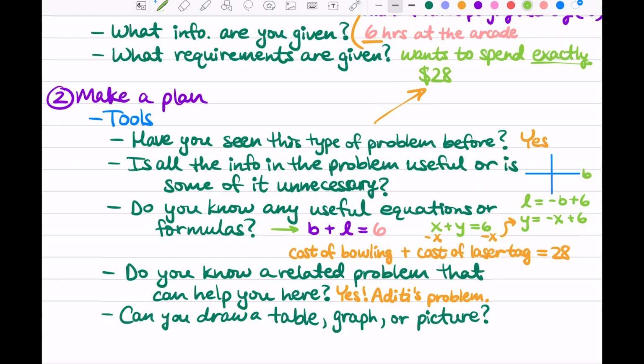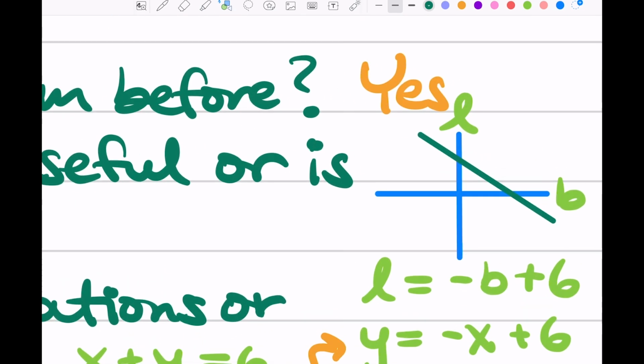So instead of x and y, we have b and L. And we could plot a line. However, we wouldn't look at the entire line. Let's zoom in on that. We're talking about a real-world situation with the number of hours bowling and the number of hours playing laser tag. Those number of hours have to be greater than 0. So we can't use any part of the line that has negative b or l values because that doesn't make sense.